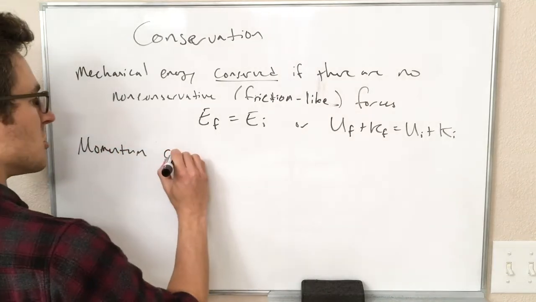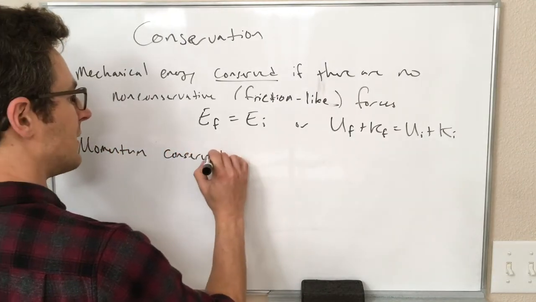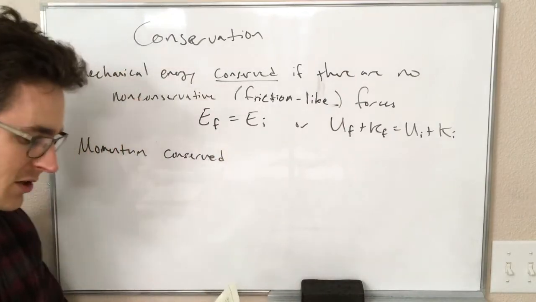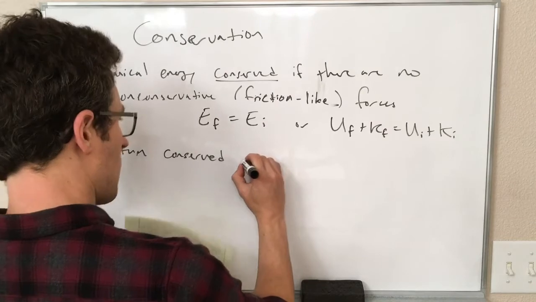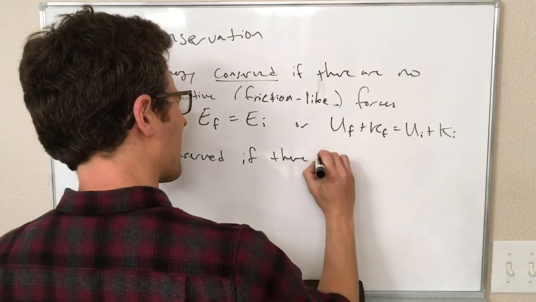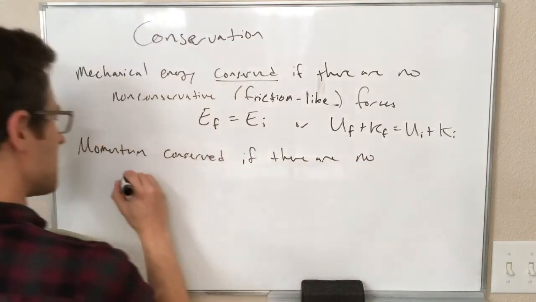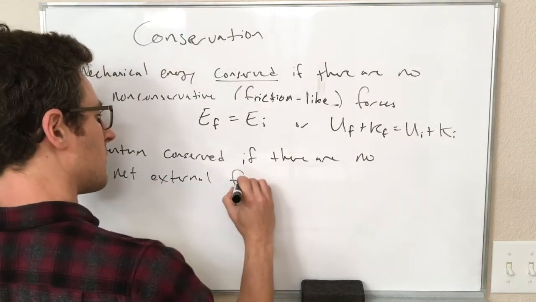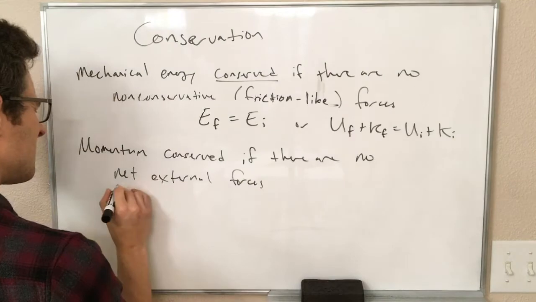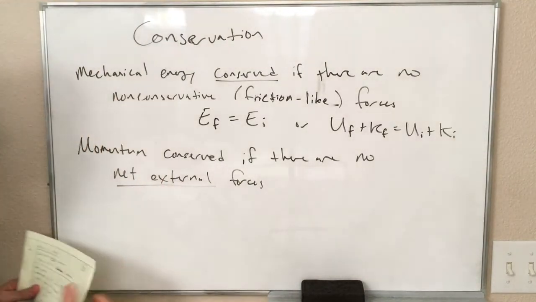our momentum conservation is slightly different in a way that turns out to be very useful. Our momentum is conserved if there are no net external forces. And this phrase should look familiar.